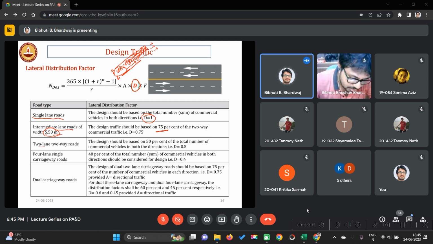Similarly, if it is two lane, with one lane like this and one like this, you need to consider only 50%, because it will get equally divided. For four lane single carriageway, that means there is no median, only one yellow line, you need to consider D as 0.4.